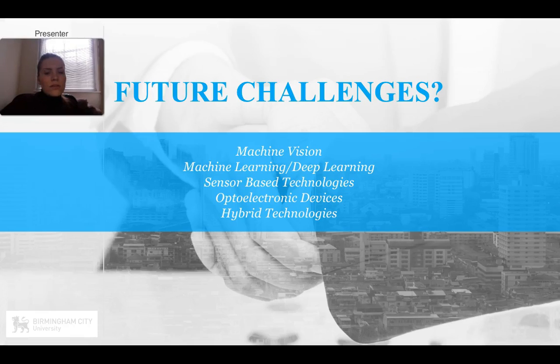So what are some of the future challenges? Well, the future challenges will certainly be incorporated with these new technologies. Machine vision technologies being embedded not just on the construction site, but embedded within the asset operations and maintenance stages.